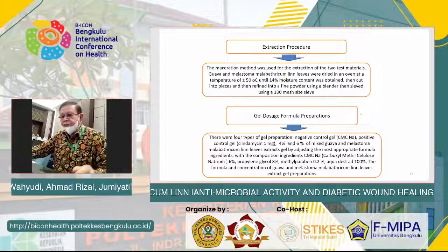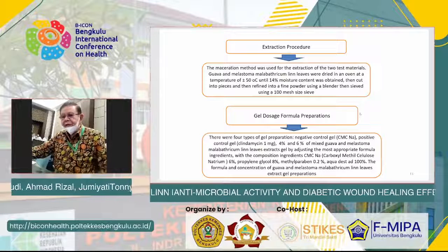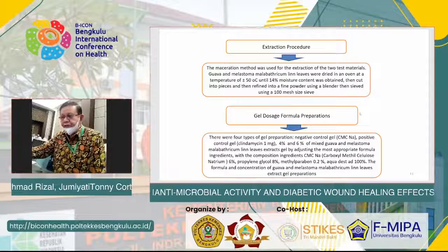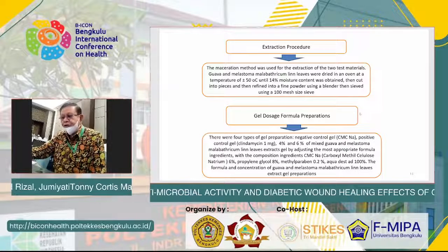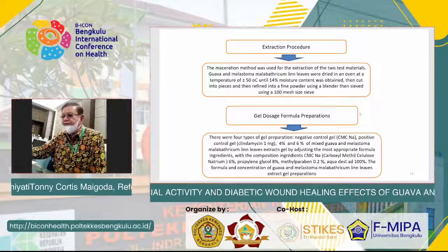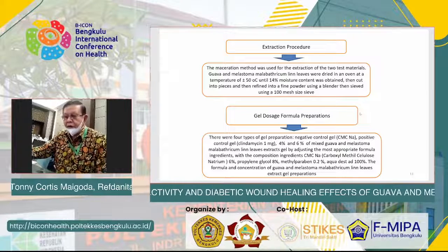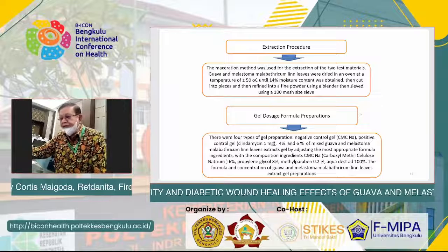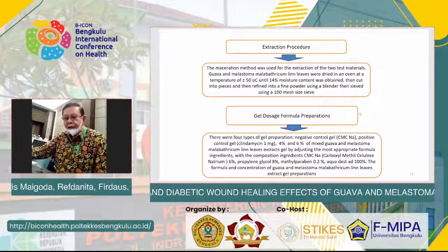Gel dosage formula preparation. There were 4 types of gel preparation: negative control, positive control, and 4% and 6% mixed guava and Melastoma malabathricum Linn gel, adjusting the most appropriate formula ingredients.